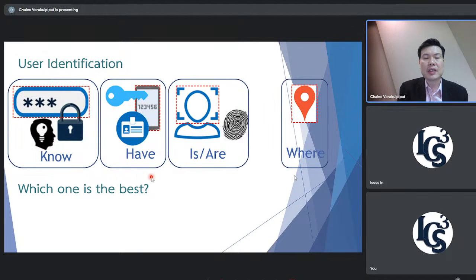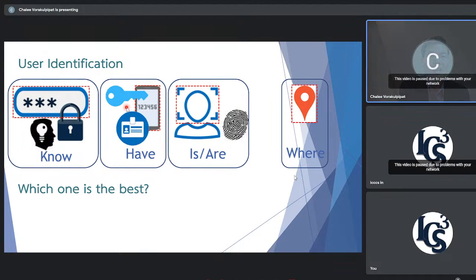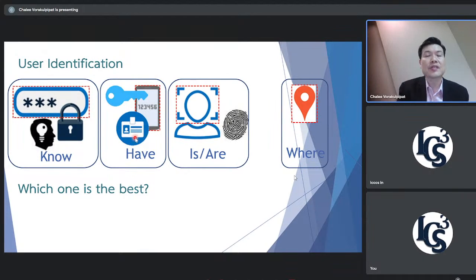Something you have. It means an object or tangible asset that we can have with us. For example, a key, because only the one who has a key can get access to the server room, okay? Or a staff badge or student badge, because a security guard can see your badge. This can show our identity, right?